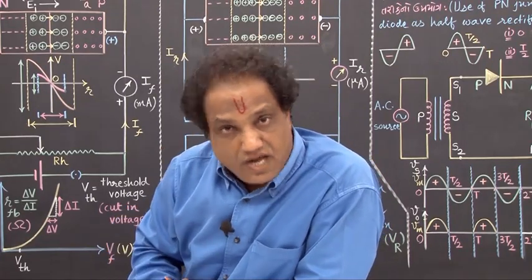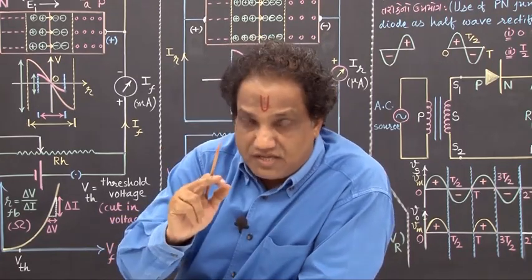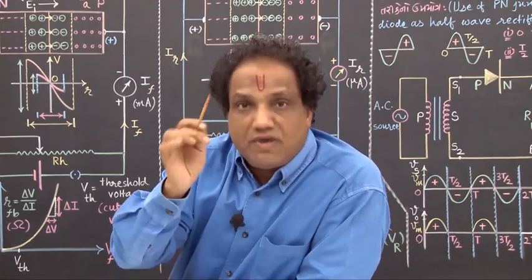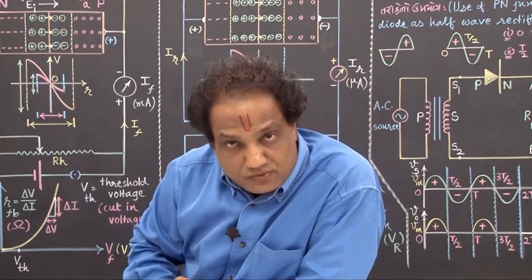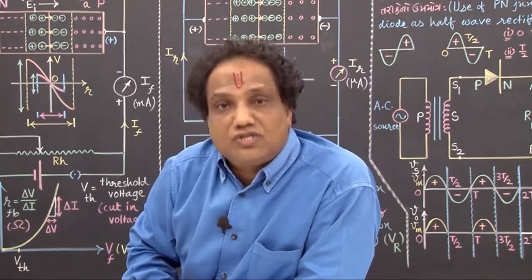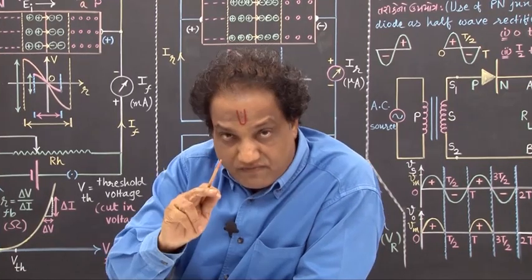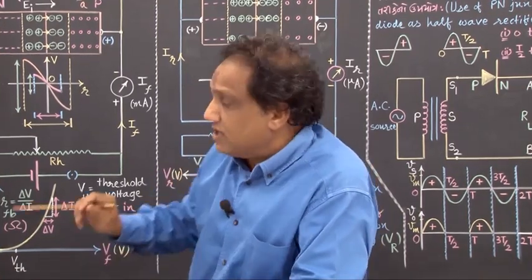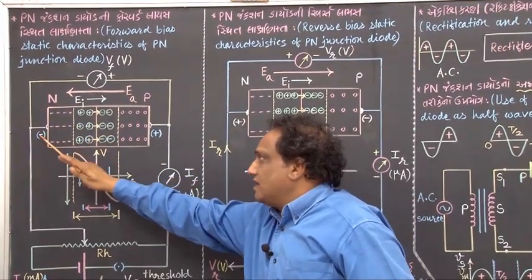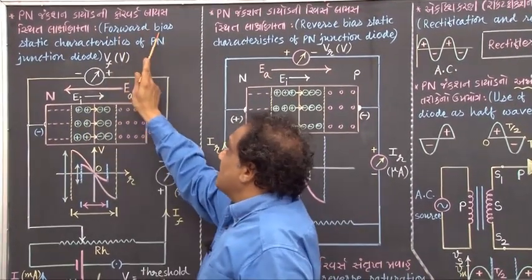If you connect P with positive and N with negative, such a connection is called forward bias connection. Look here, P with positive, N with negative, it is called forward bias.